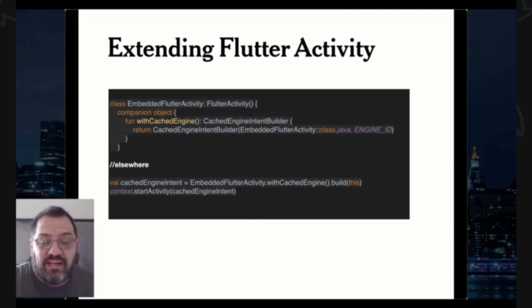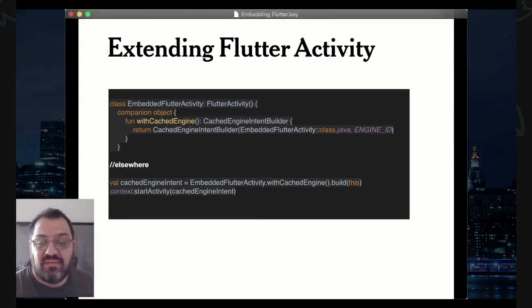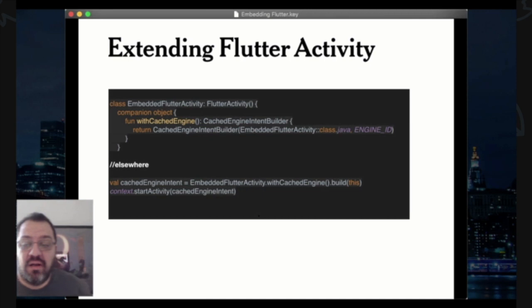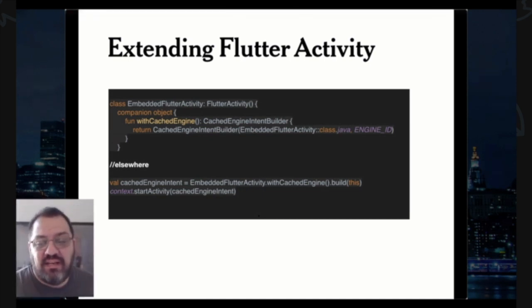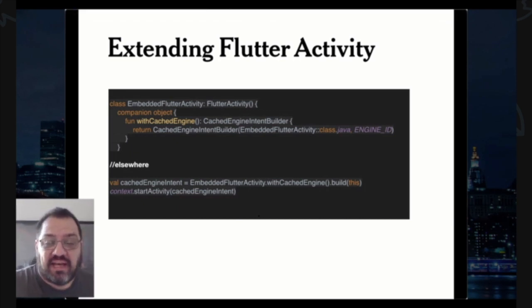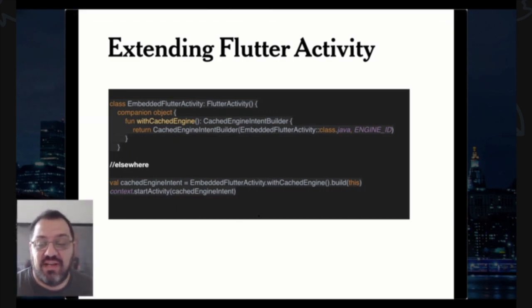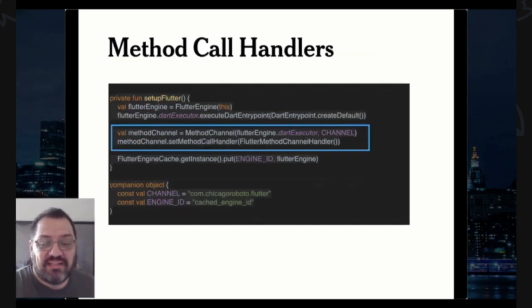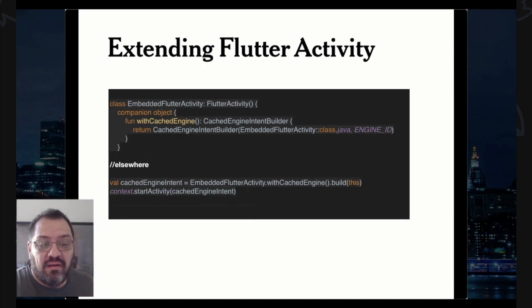For whatever reason, you might need to extend the Flutter activity. Say, for instance, you're injecting something via Dagger or just whatever else. There's any number of reasons why you might need to do this. So I'm including this for completeness. Basically, all you need to do is add a static method that returns a cached engine intent builder to your class that extends FlutterActivity.